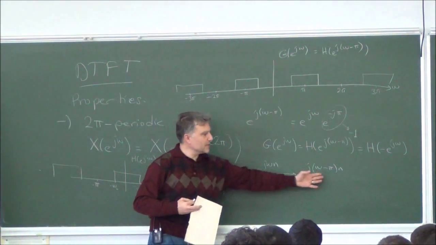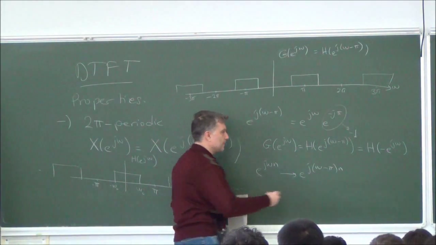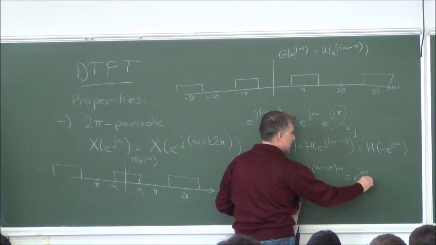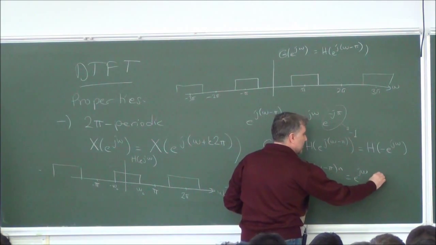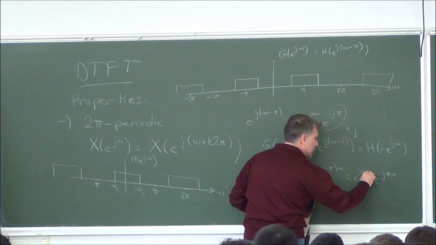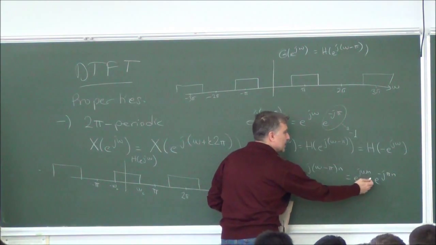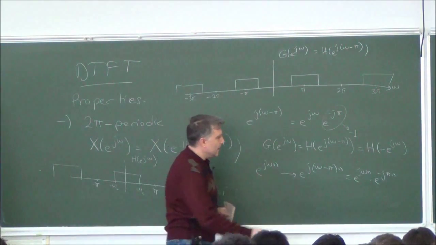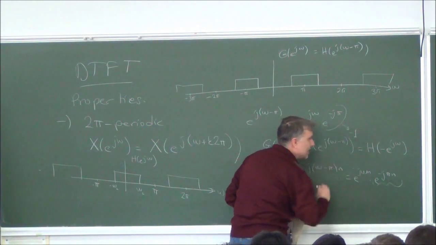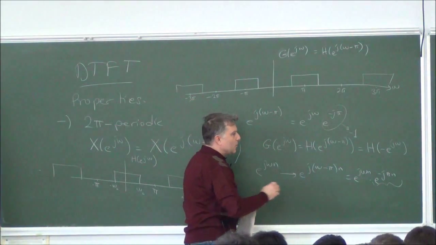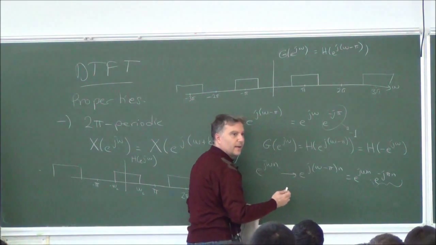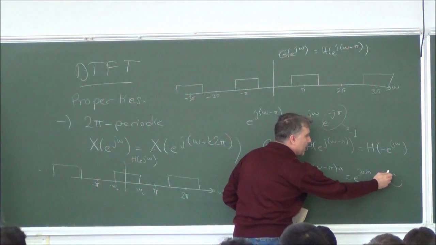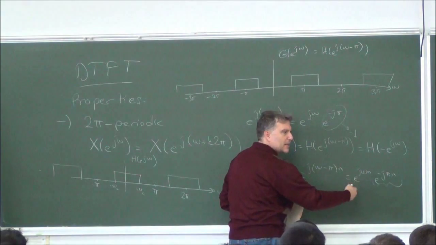When this turns into this, what happens? It becomes e to the j omega n times e to the minus j pi n. It becomes like this, okay? And e to the minus j pi n is what? What was e to the minus j pi? It was minus 1. So e to the minus j pi to the power n is minus 1 to the power n.